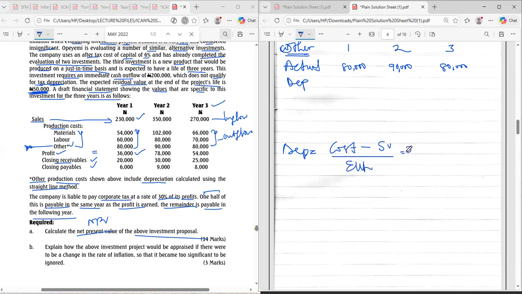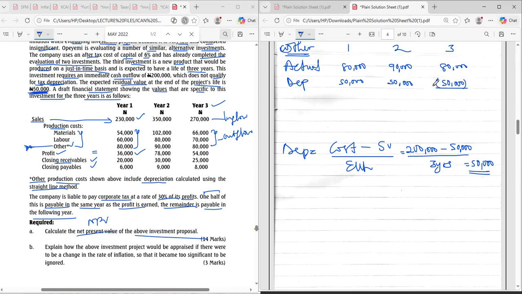What's the cost of the investment? What's the scrap value? 50,000. How many years? So what do we have? 50,000. So it's 50,000. So this is 50. This is 50. And this is 50.